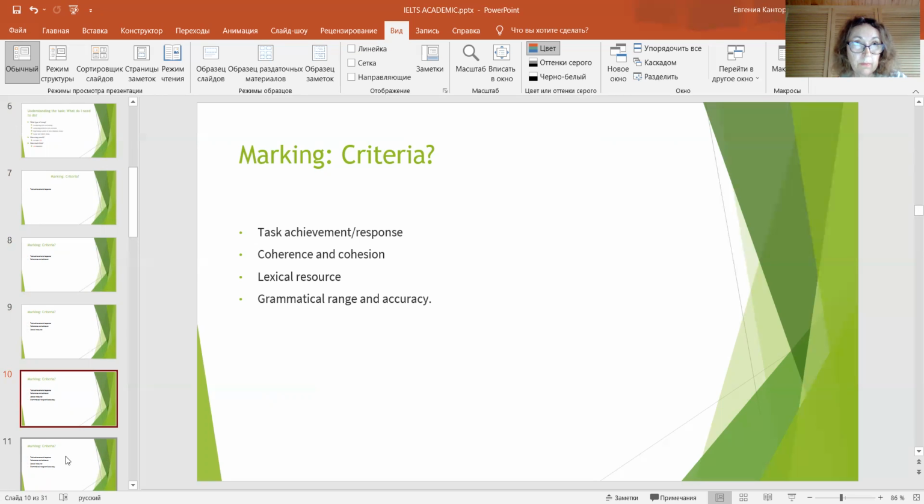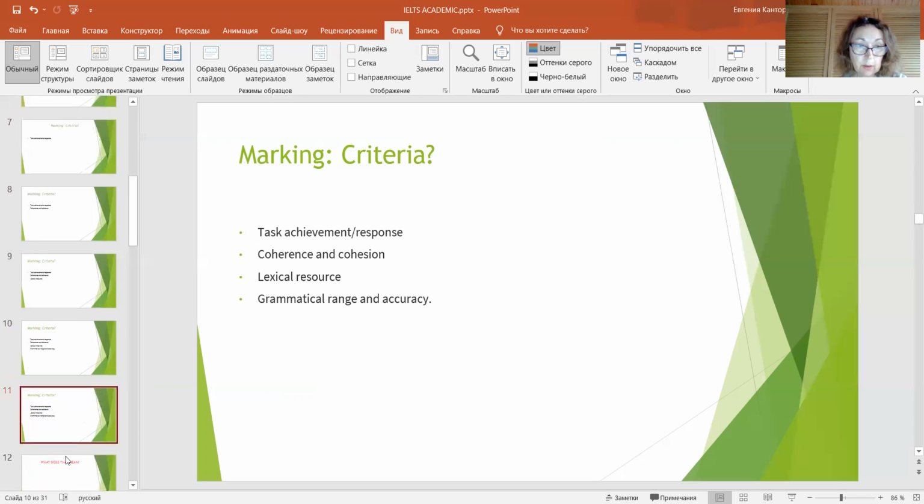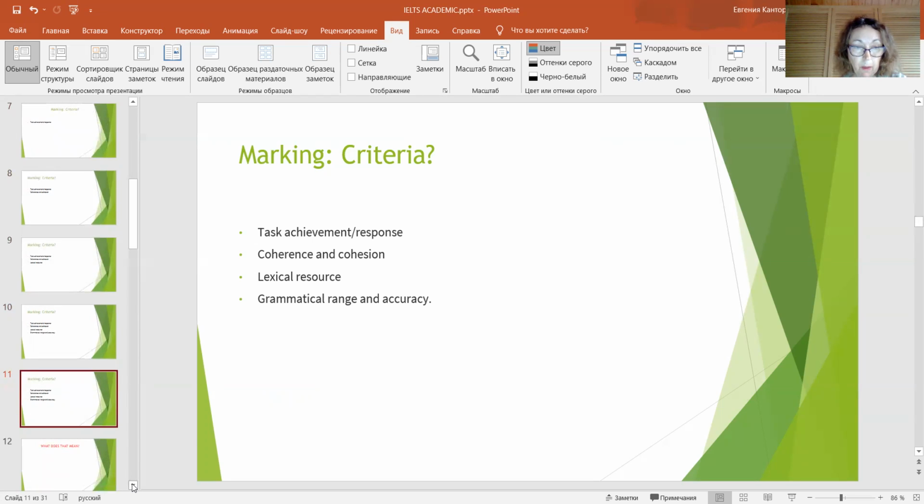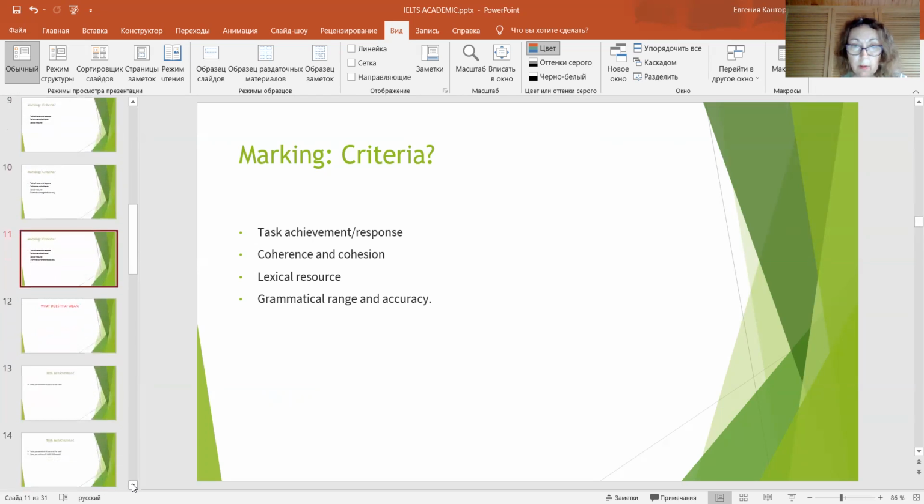Then some conditionals, the subjunctive mood, and so on. So these are the marking criteria. And now we're going to proceed. We're going to discuss each group of criteria in more detail.